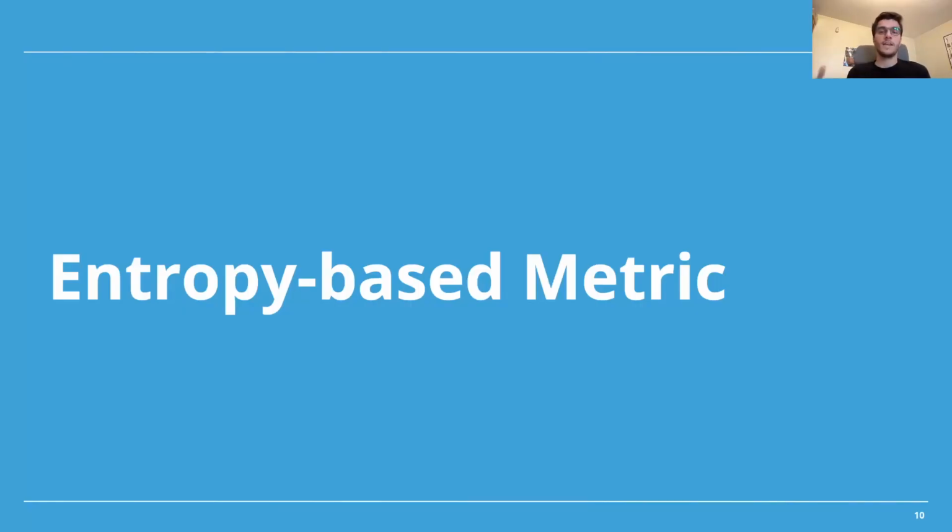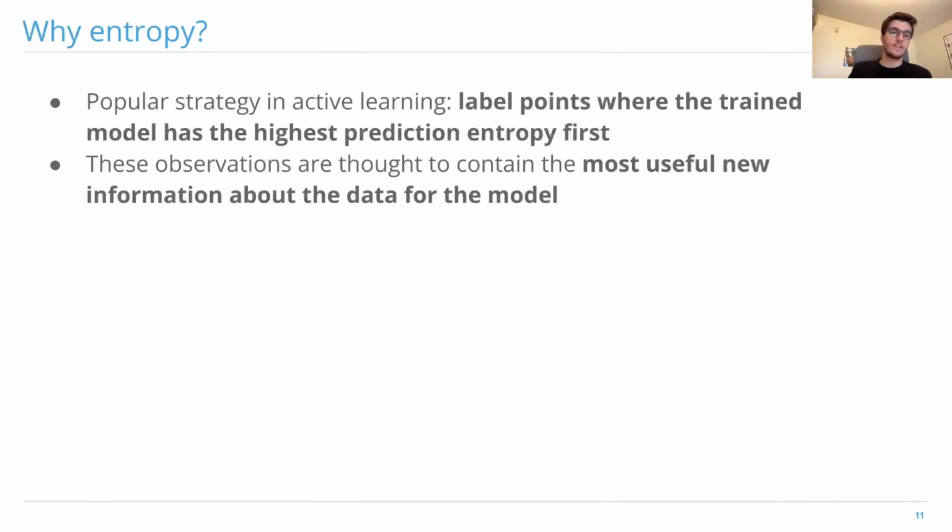So how do we go and calculate those V's in the utility function? There are existing ways to do it in the literature, but they are quite slow and they are not necessarily easily extensible to fairness. So we take an entropy-based approach. And why? If we look at active learning, we see that entropy has already implicitly been used as a data valuation metric, in the sense that when we are doing active learning, we choose to label first the points where our classifier has high entropy.